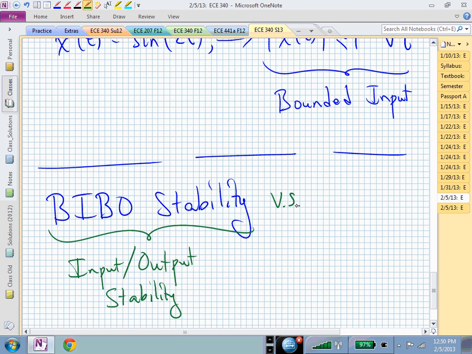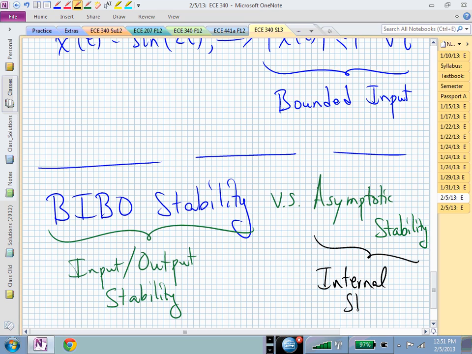And we will subsequently, in future material, talk about asymptotic stability, which is more of an internal stability concept.